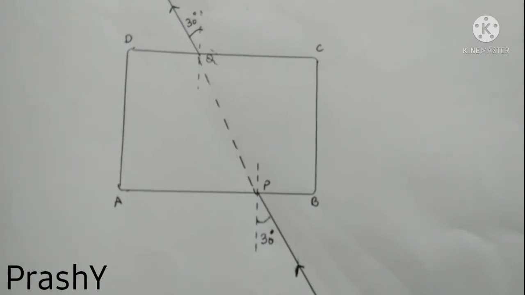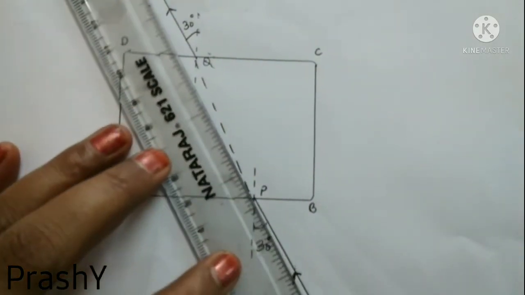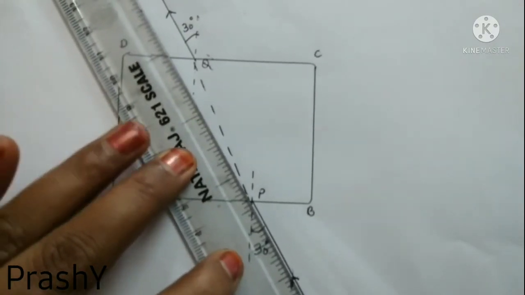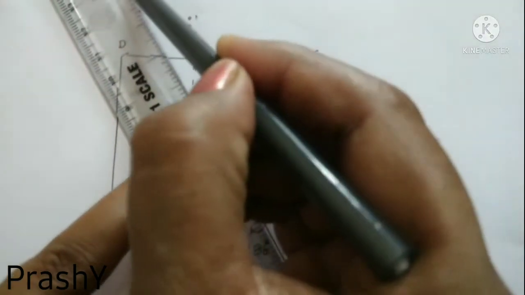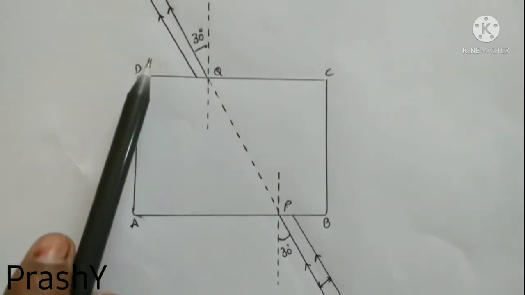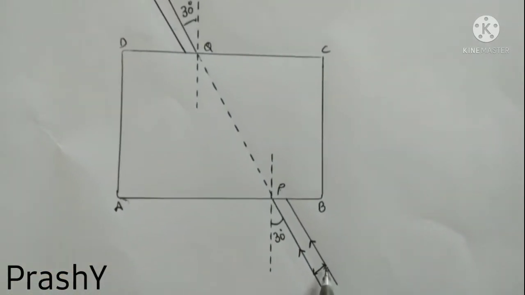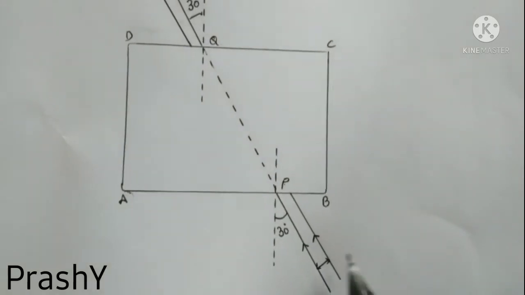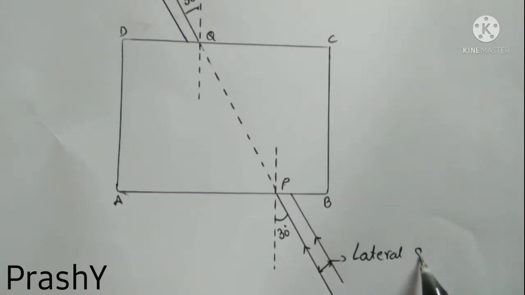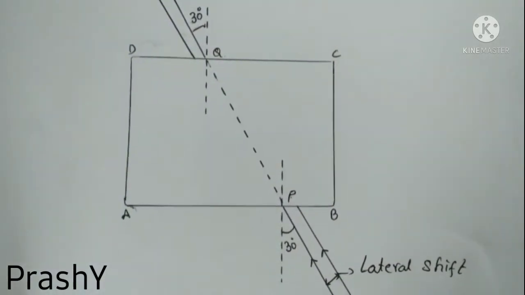Now I will extend the incident ray and the emergent ray. On extending the incident ray and the emergent ray, we get 2 parallel lines. The distance between these 2 parallel lines is called the lateral shift. So let me measure the lateral shift here.